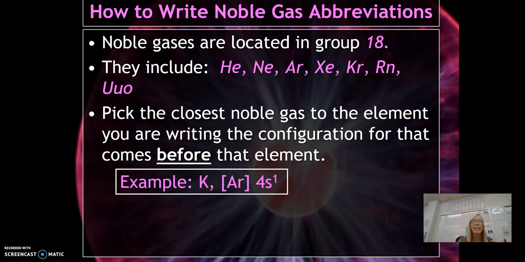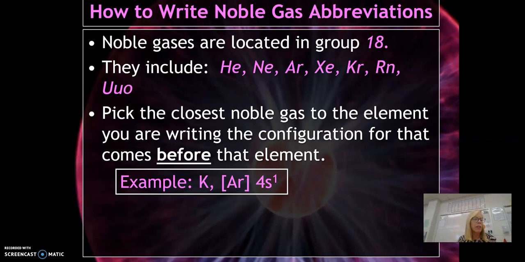So if you take a look at potassium, potassium has an atomic number of 19, or it has 19 electrons, and so the noble gas that comes before potassium is argon. So we will put that in brackets, and what that is saying is that, hey, up to argon, the electron configuration of potassium is exactly the same.